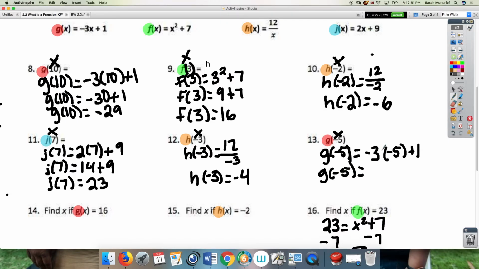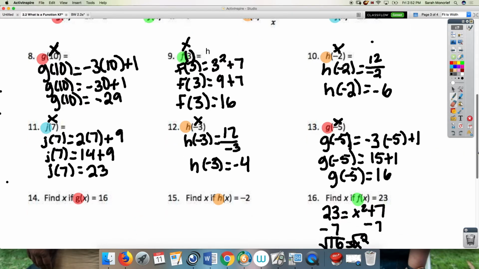And then what is negative 3 times negative 5? 15. Positive 15. And what is 15 plus 1? 16. So g of negative 5 is equal to 16.